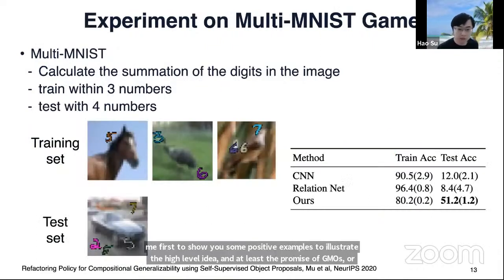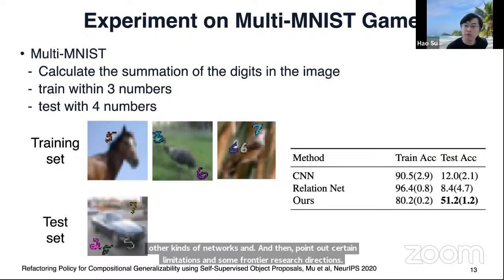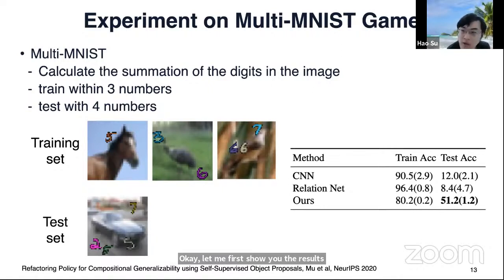Okay, let me first show you the result on a game called multi-MNIST game. So here, you will have an image as the background. Maybe this image is some kind of clutter that serves as the background, right? It could be sampled from something like CIFAR or ImageNet. And on top of this image, we put a number of digits.